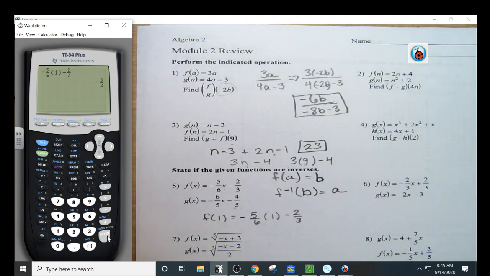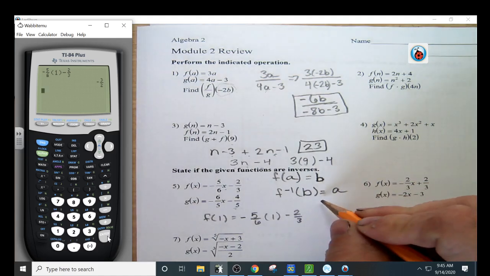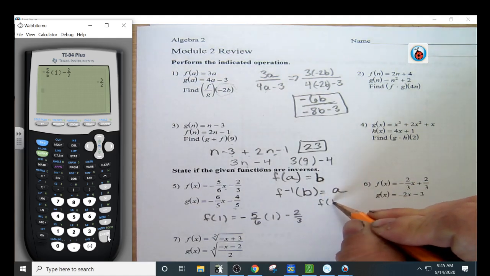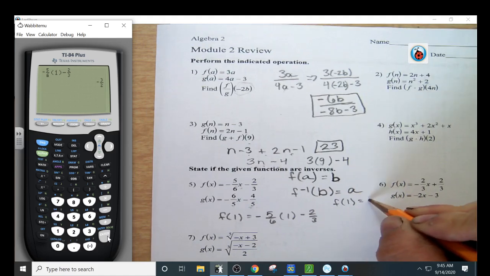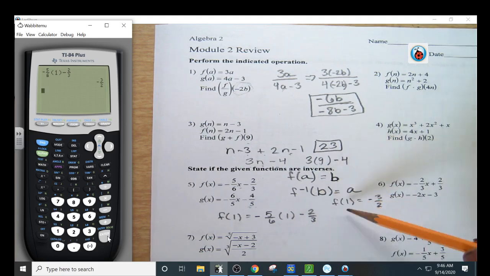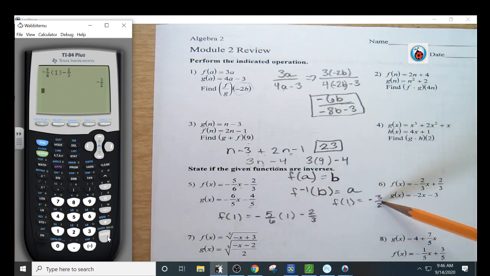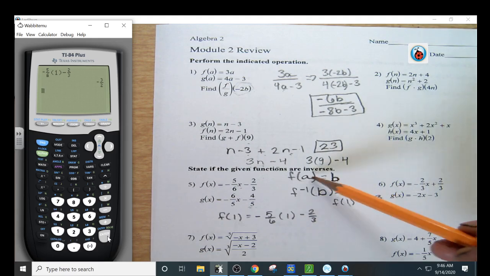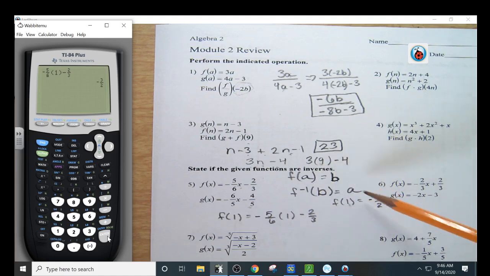Okay, now that's my output value. So we'll write that down. I plugged in f of 1 and got an output value of -3/2. So now this was my A value, that was my B value, going by the rule up here.